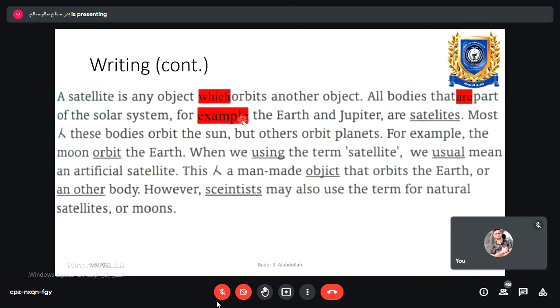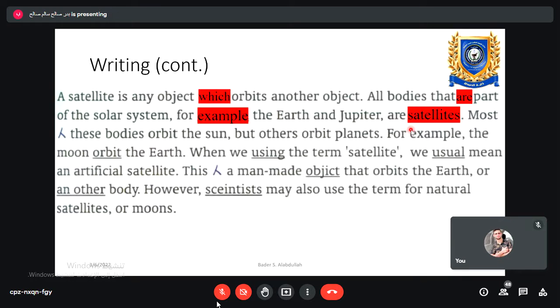For example, the Earth and Jupiter are satellites. What's wrong here? Missing one L letter. Because the word satellite, as you can see here at the beginning, it has two L, double L, not just one.